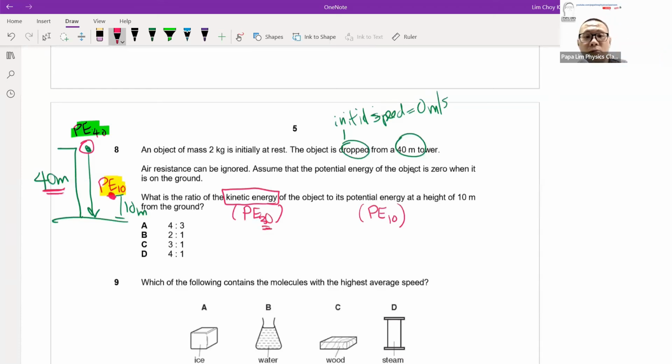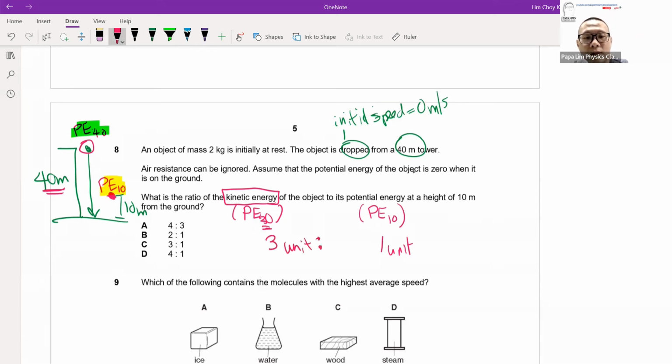So the potential energy at 10 meter is just 1 unit. The remaining kinetic energy, I will not know the number, but I know where I got it from: the potential energy worth 30 meter. If 10 meter is 1 unit, 30 meter will be roughly 3 units.